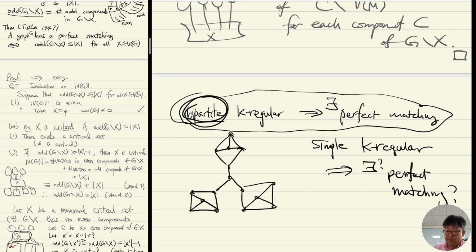This graph is simple and 3-regular. Every vertex has degree 3. And it does not have a perfect matching, because if I delete the vertex in the middle, I have 3 odd components, and so the number of odd components is too big.